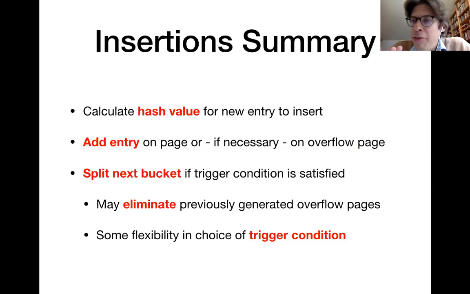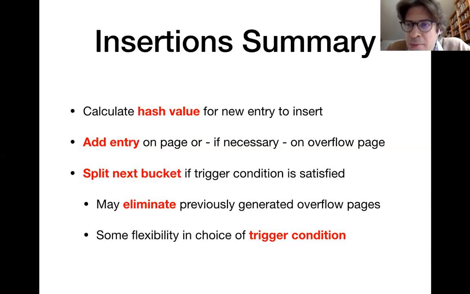Now, if some kind of trigger condition is satisfied, we decide to split the next bucket. We have no choice about which bucket we can split. We can only split the bucket that our next split pointer is referencing.